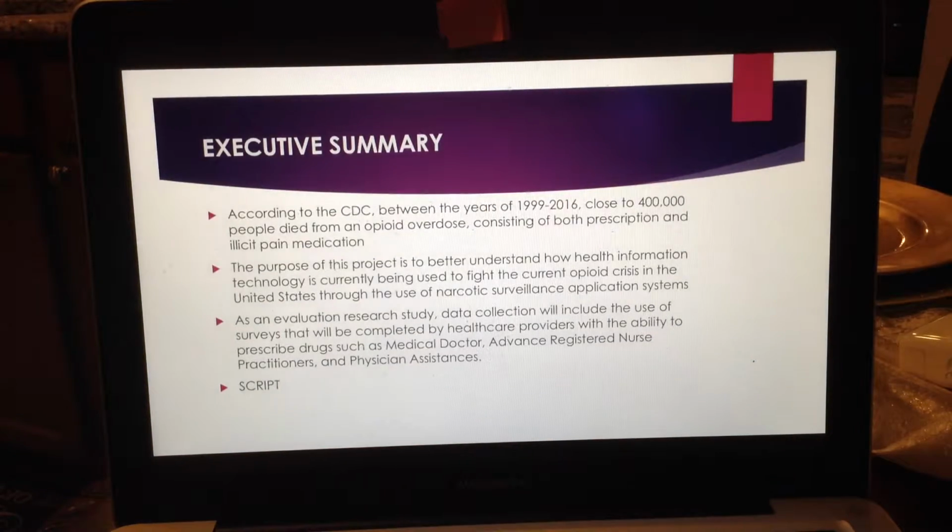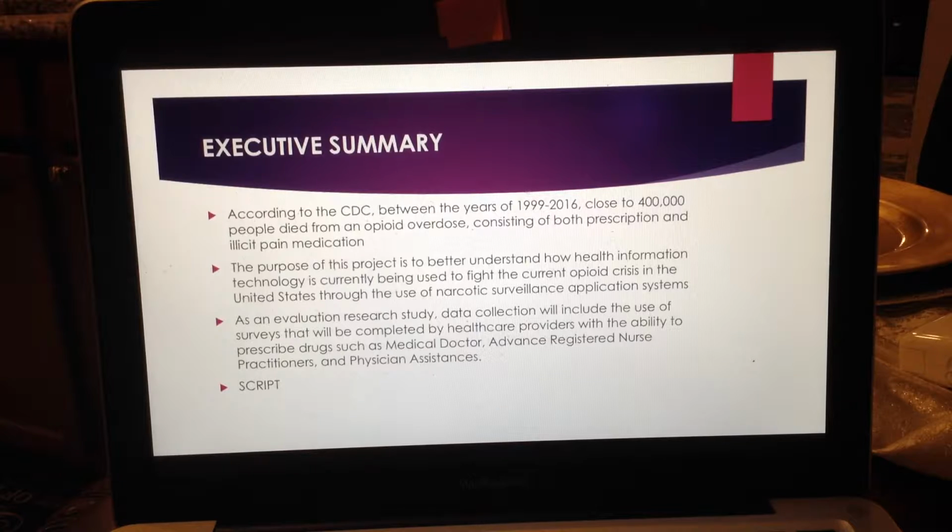For my executive summary, according to the CDC, between the years of 1999 and 2016, close to 400,000 people died from opioid overdose, consisting of both prescription and illicit pain medication. As the years go by, there's an increase in the number of incidents where narcotic medications are being used and abused by different patient populations.